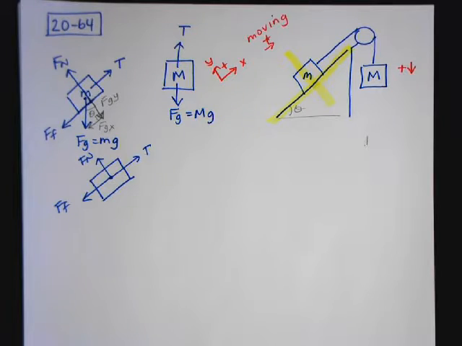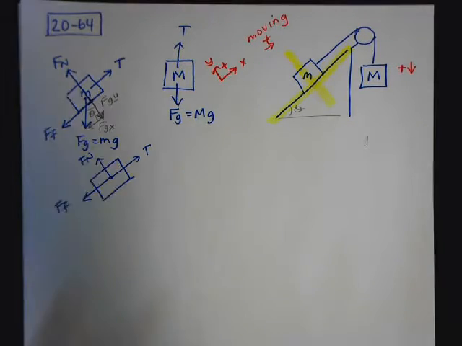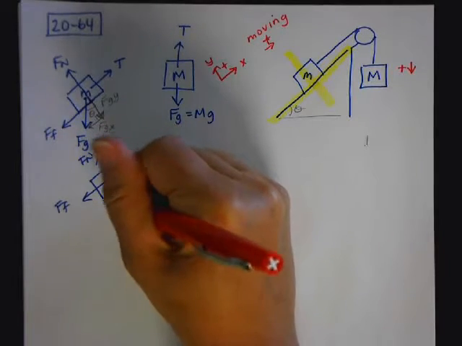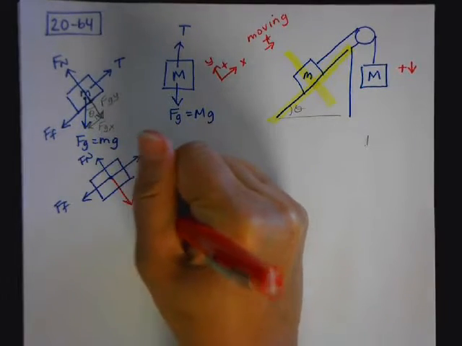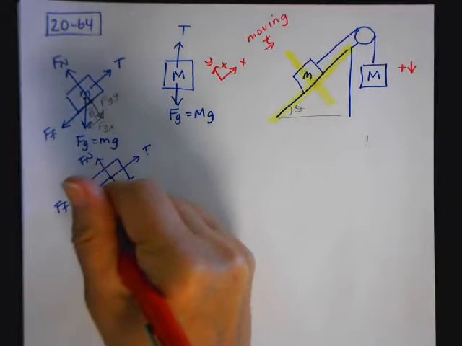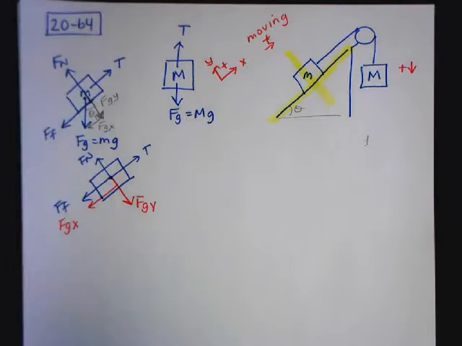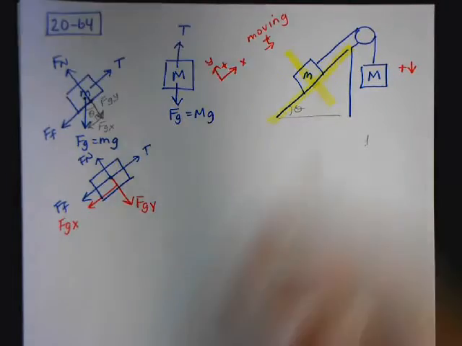Now I'm going to figure out what FG's components are. So now I'm going to redraw this, and this is going to be FGY, and then this is going to be FGX. And the direction of these force vectors is important when I sum forces because I'm going to be looking at the direction.